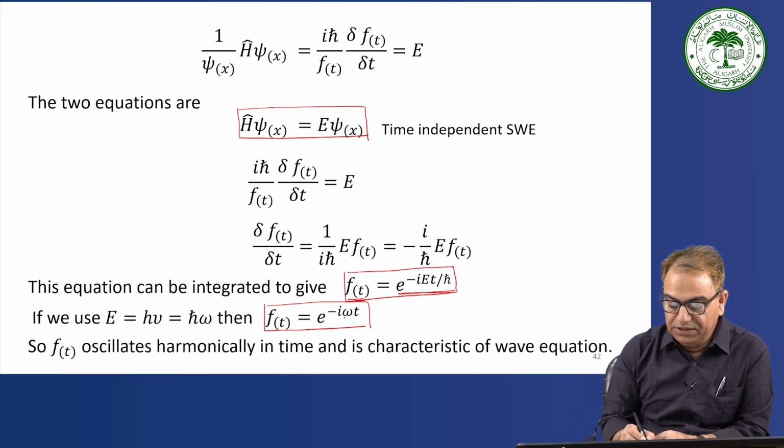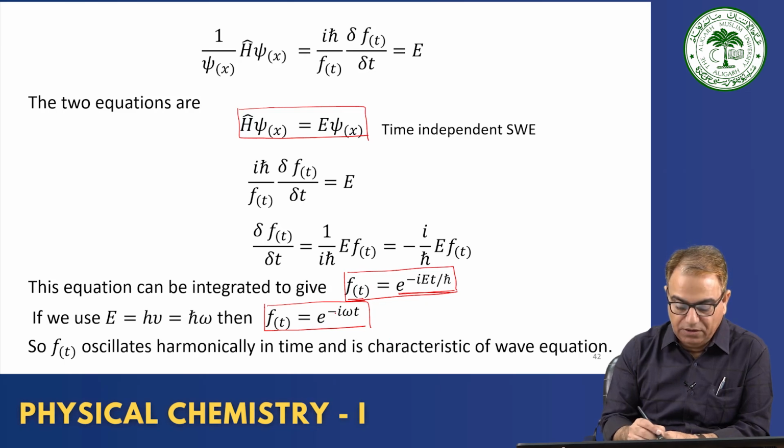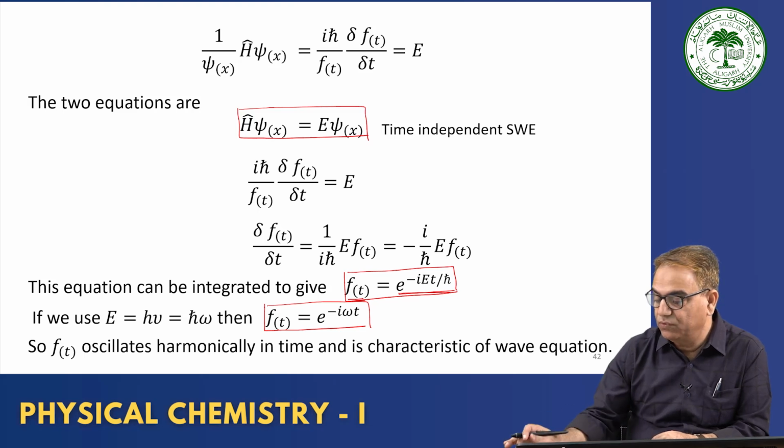It means that f(t) oscillates harmonically in time. The equation is exponential minus i omega t. So this is the harmonic oscillation, the characteristic of the wave, or the wave equation.